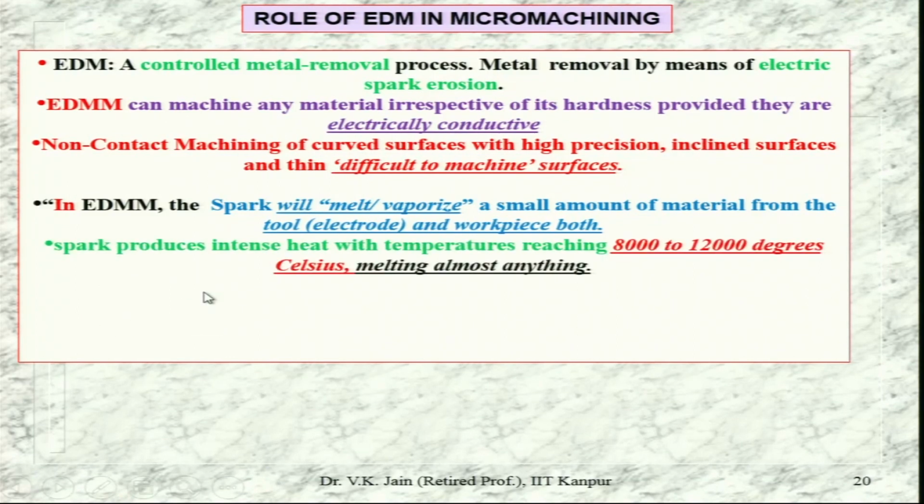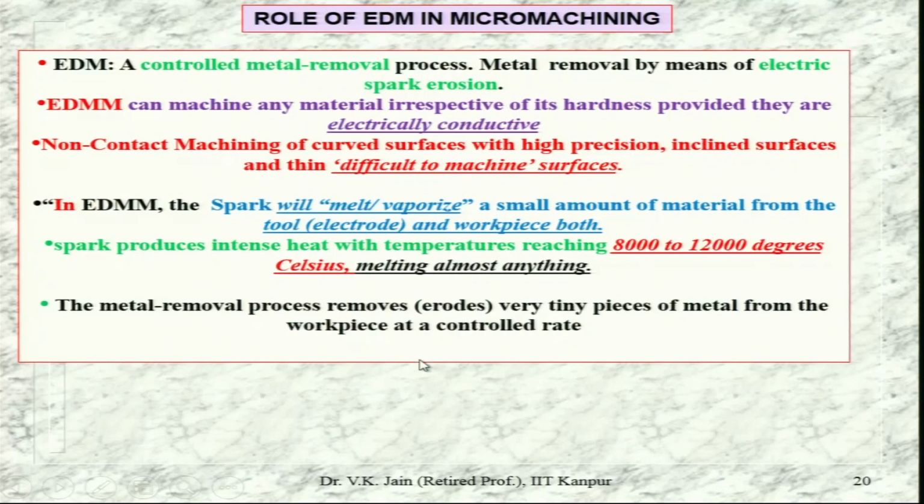A spark produces intense heat with temperature reaching as high as 8000 to 12,000 degree Celsius, which results in melting of almost anything, and this temperature of 8000 to 12,000 was calculated by Mr. Prem Shankar during his research activity. The metal removal process removes or erodes very tiny pieces of metal from the workpiece at a controlled rate, and complex shapes can be machined by EDM as well as micro EDM process.